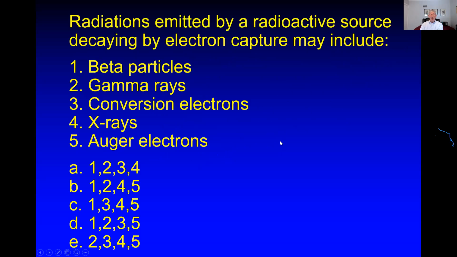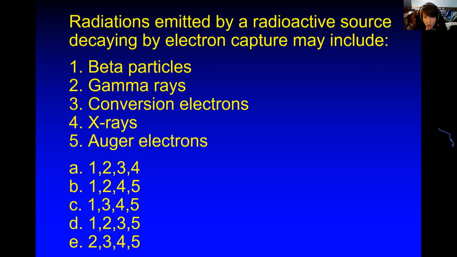Radiation emitted by a radioactive source decaying by electron capture may include... Now, take a look at the answers. What it's telling you there is that in every case, 4 of them are emitted. So if you know one that cannot possibly be right, that will tell you what your answer is. E, as in Edward.